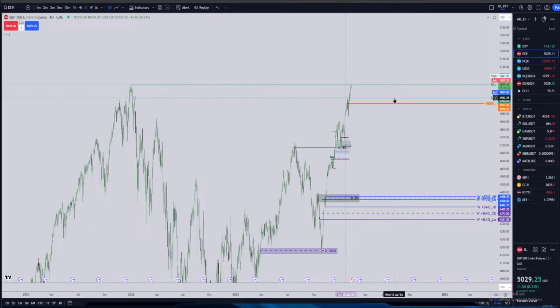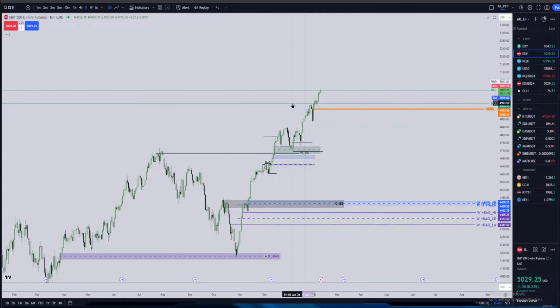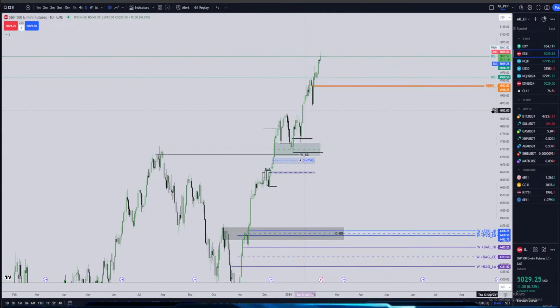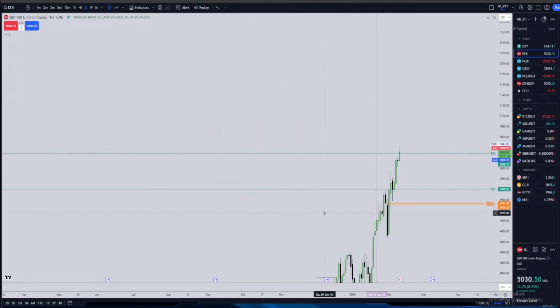Now, I don't know how long it's going to take, but simple daily level is what I'm following. As long as it's giving me the daily bias towards the buy side, I'm going buy side. The day it gives me the bias on the sell side, I'm going sell side until it reaches an imbalance or a liquidity level.